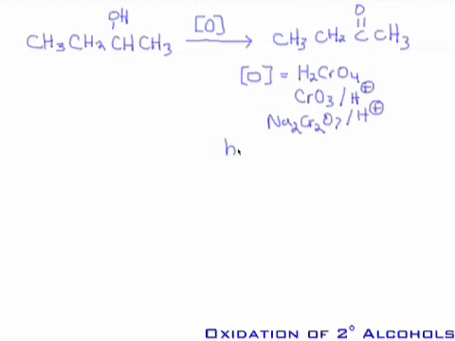Or we could use hot KMnO4, potassium permanganate, the MnO4 minus molecule, in acid. All of these molecules, and these are just a few of the more common oxidizing agents, can be used to take a secondary alcohol to a carbonyl. There are other reagents such as iodine and hot HNO3 that also could do this type of thing, known to oxidize.